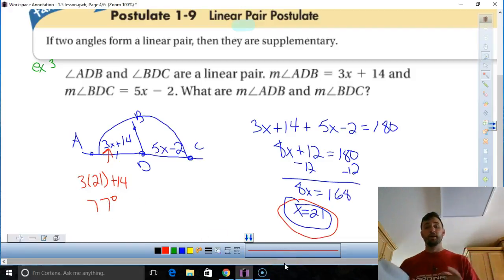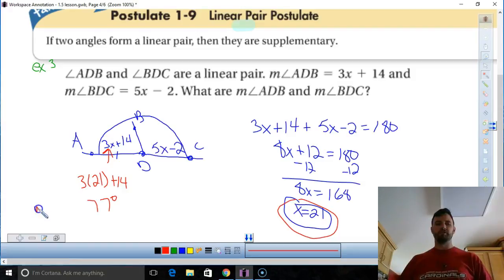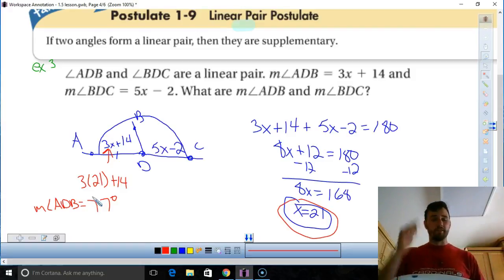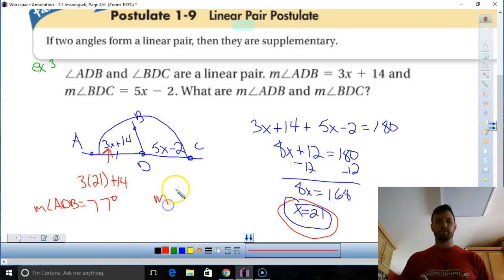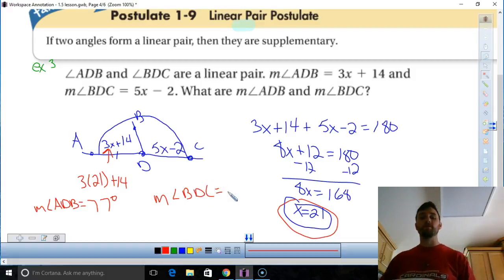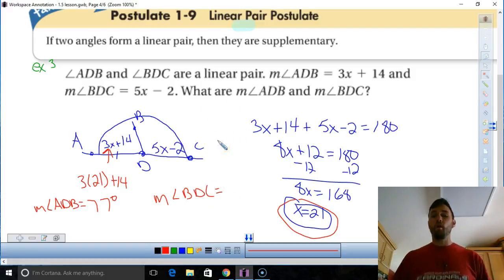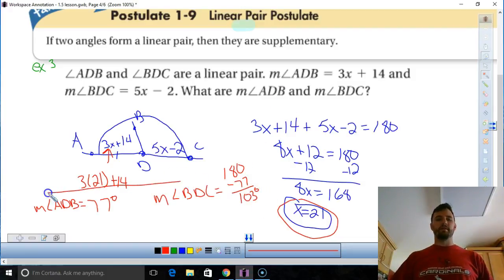So that's the measure of angle ADB. Now I need to find the measure of angle BDC, right? Now I could either plug 21 in for x, or since it adds up to 180, I could do 180 minus 77, which is 103 degrees. You'll get the same answer either way.